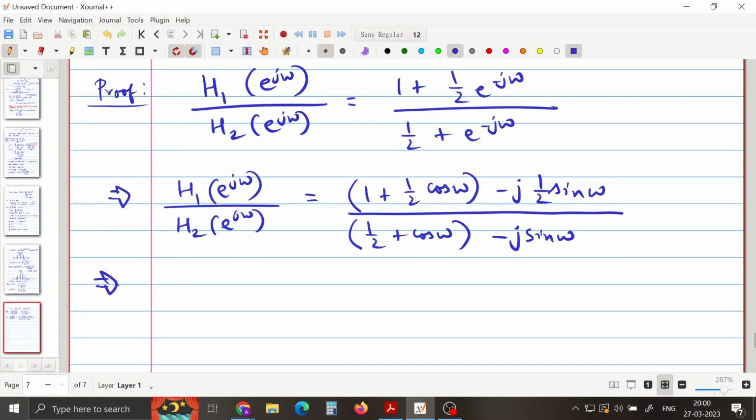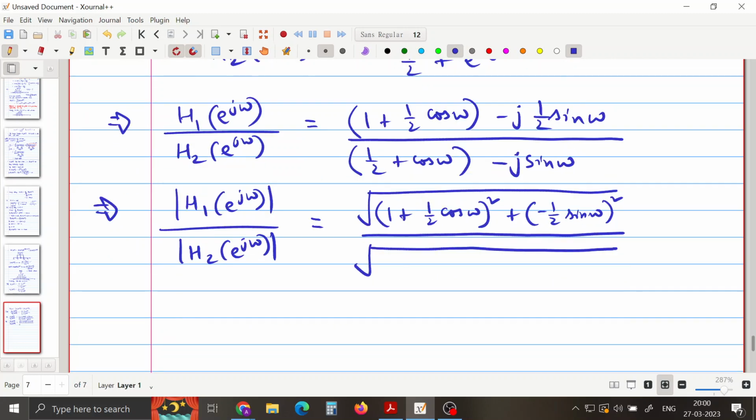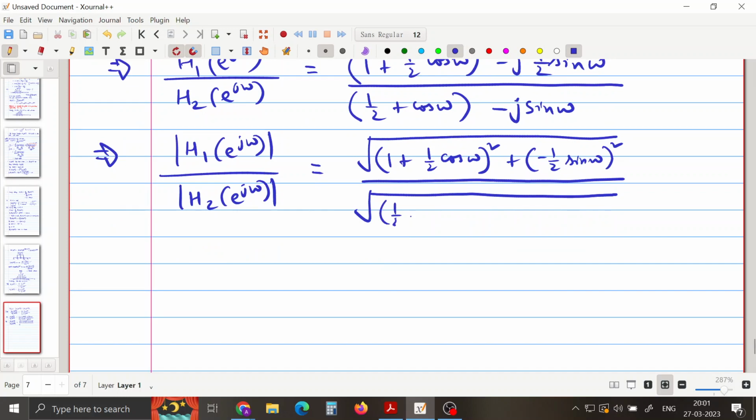Now I can take the magnitude on both sides. So in the numerator we have 1 plus half cos omega whole square plus minus half sin omega whole square, plus, in the denominator we have half plus cos omega the whole square plus minus sin omega whole square.